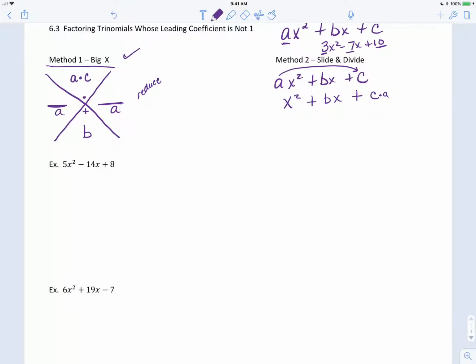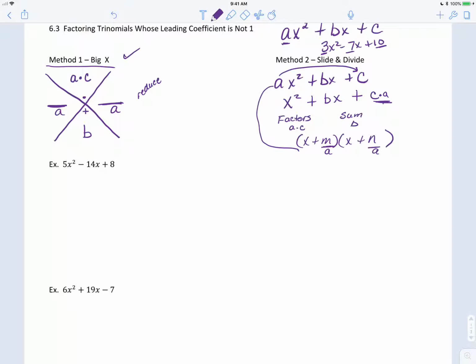Then you're going to factor just like we did before. You're going to come up with factors of whatever that a times c is, whose sum is that b term. And we'll just say we came up with m and n.